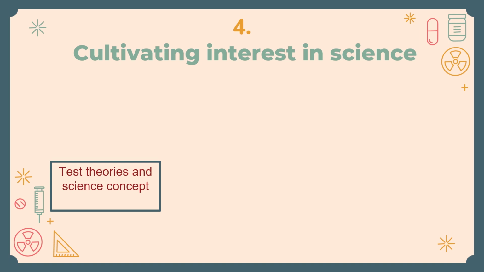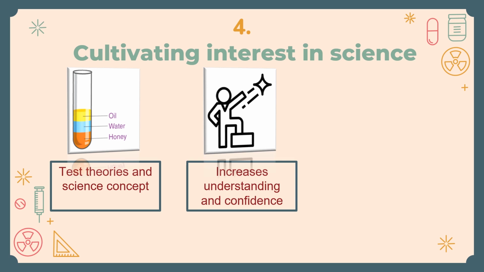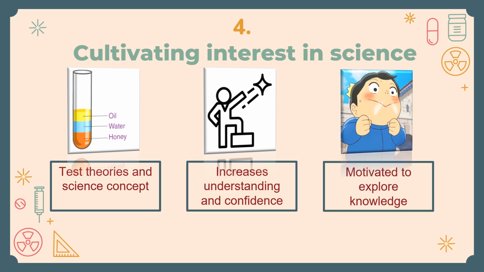For example, students can get a better understanding of the concept of density only by experimenting because they can see what happens to an object or liquid with different density. Then, by experimenting, students can increase their understanding and confidence in the conclusion proven by the experiment. Lastly, students will become motivated to explore knowledge on their own.